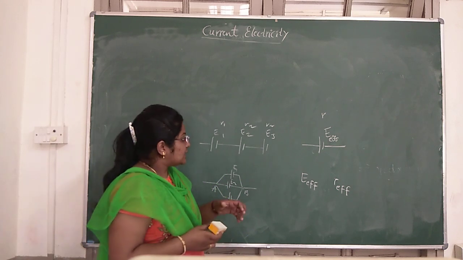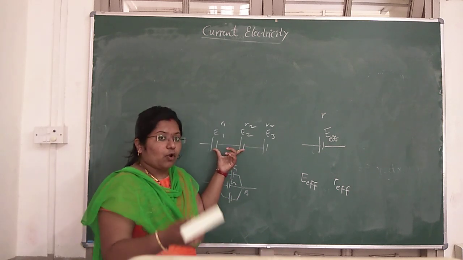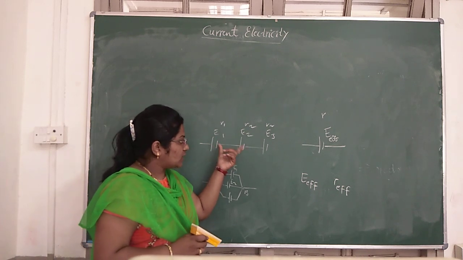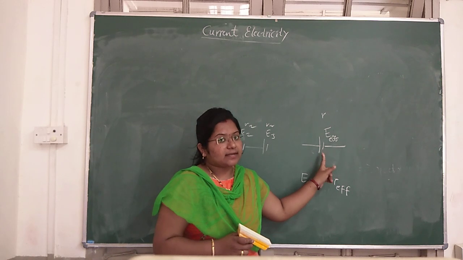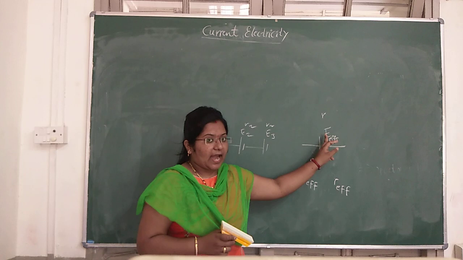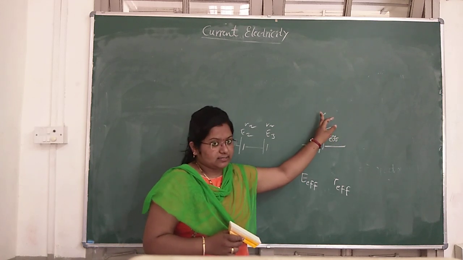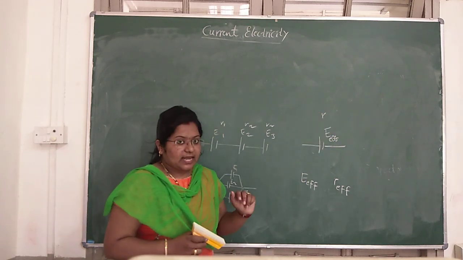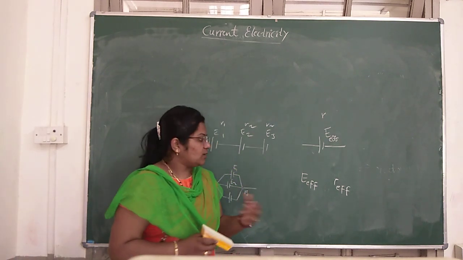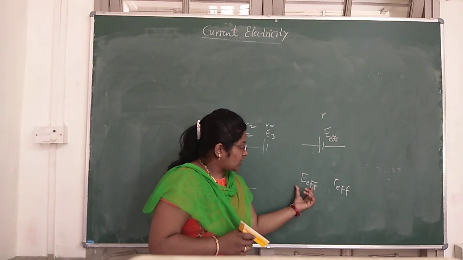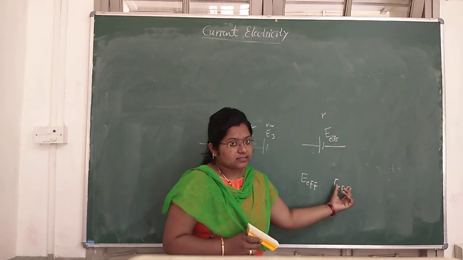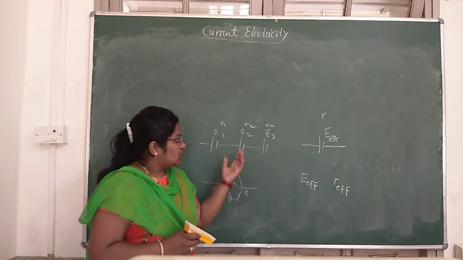Yes or no? Instead of using two or more cells we can replace this combination by a single cell, and that single cell will have an effective EMF and effective internal resistance. So in today's class, we are going to determine expressions for the effective EMF and effective internal resistance for combinations of cells.